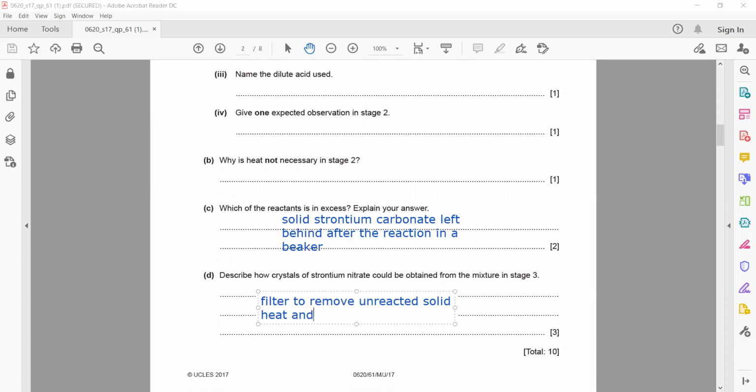And then we will cool down and filter again to remove strontium nitrate from the solution. This is how we obtain a soluble salt from the mixture or the solution.